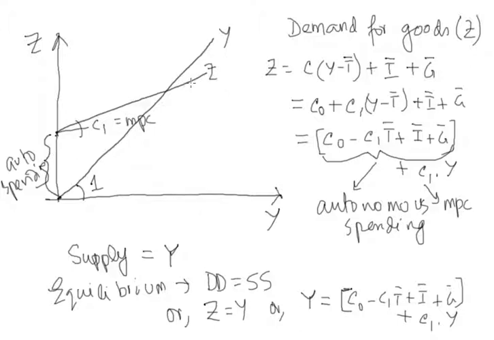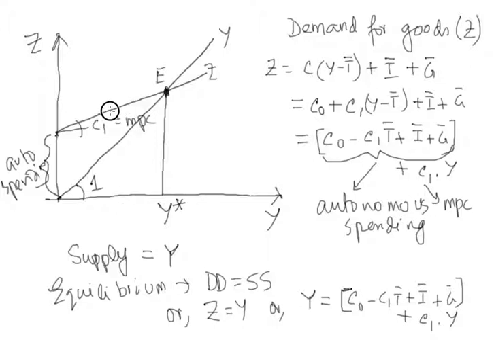This makes it easier to understand where Y and Z are equal and where they are not. So we can see that this is the point, let's call that E, where Y and Z are equal, which means that is the equilibrium. And let's say Y star is the equilibrium output.